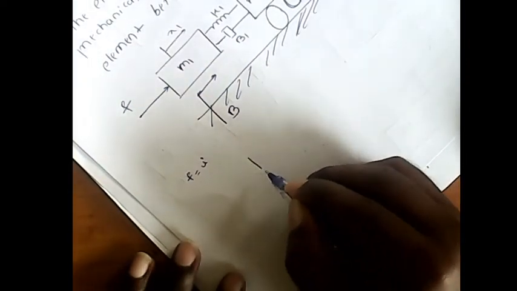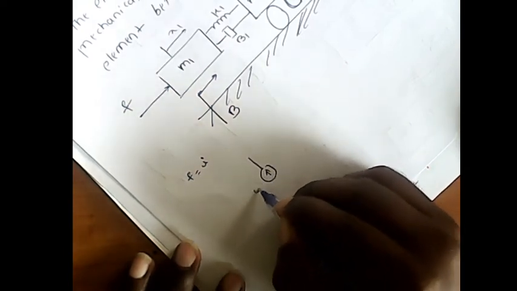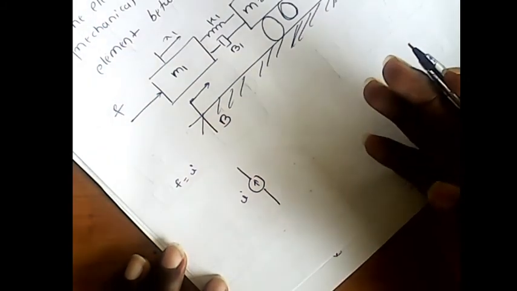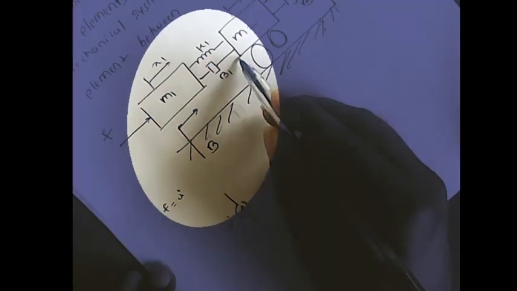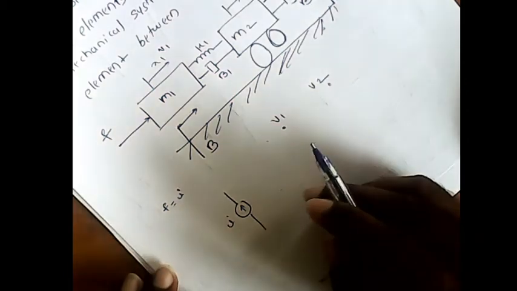We can draw first a current source, denoted by the letter I. The number of nodes is equivalent to the masses M1 and M2. We can denote this reference point, and V2. So the number of nodes is equal to the number of masses, so V1 and V2.